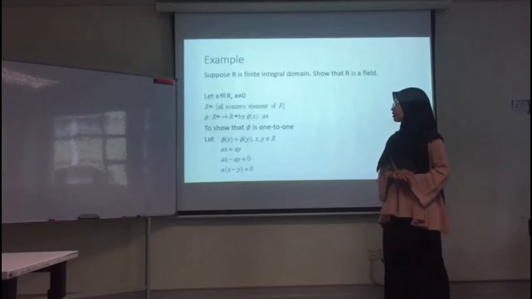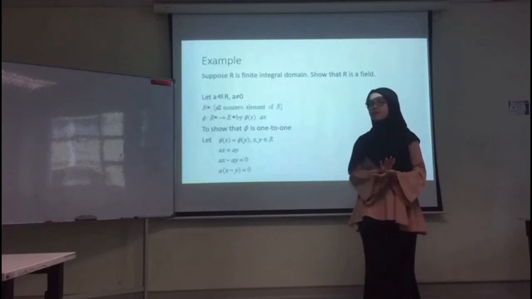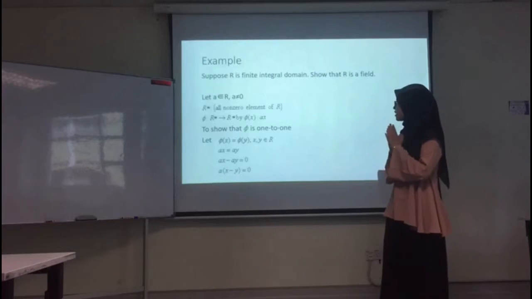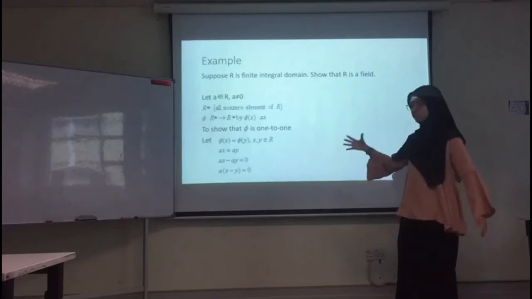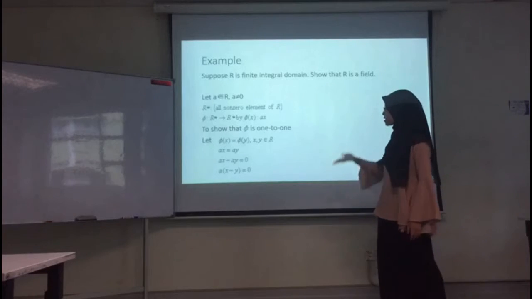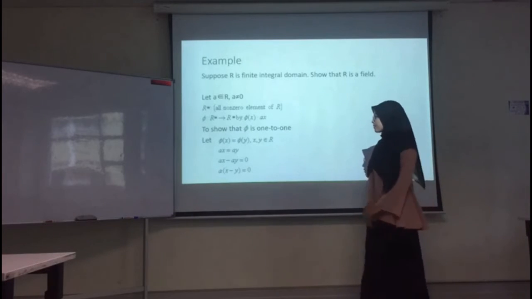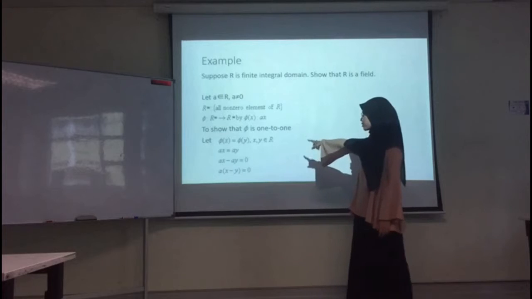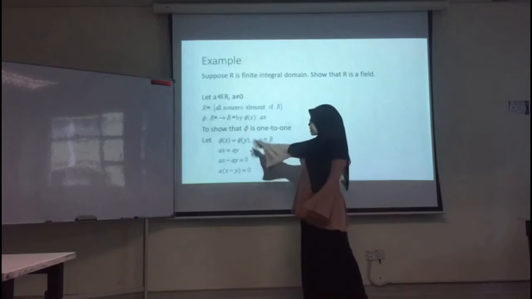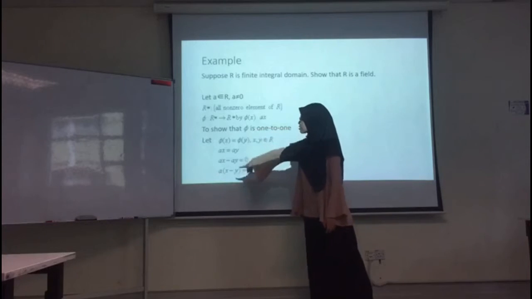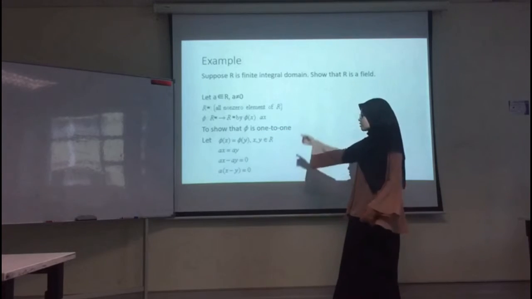Suppose that phi is a map from R star to R star by phi of x equal to AX. We want first to show that phi is 1 to 1. So let phi x equal to phi y, where x and y are in R star. So we have AX equal to AY.